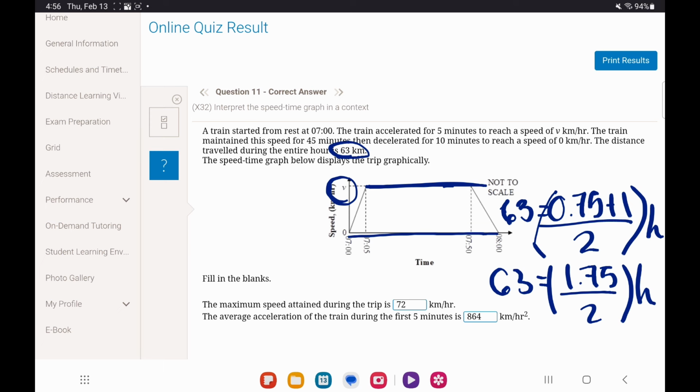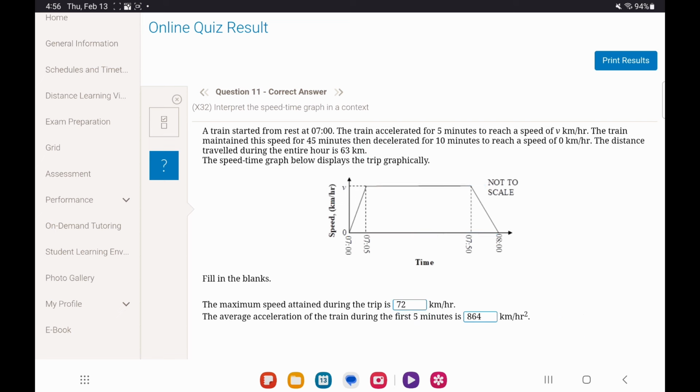1.75 over 2 is 0.875. So you divide 63 by that answer, and you get height is 72, and technically your height is v, so the maximum speed is 72.